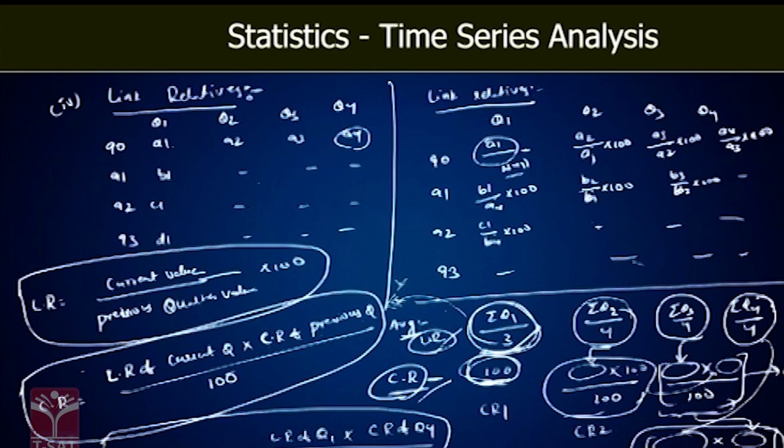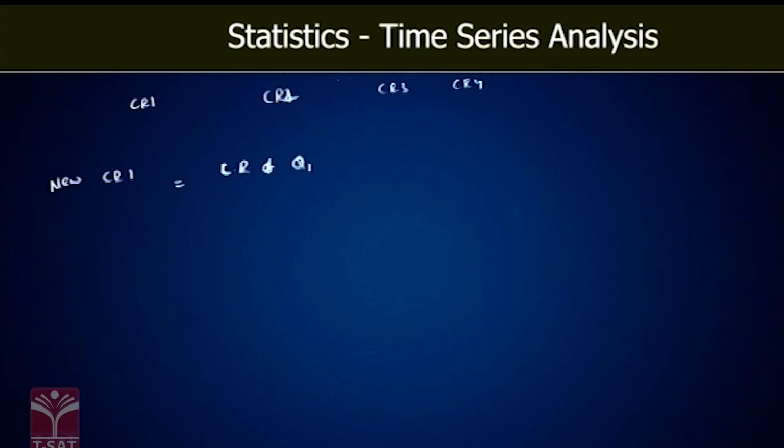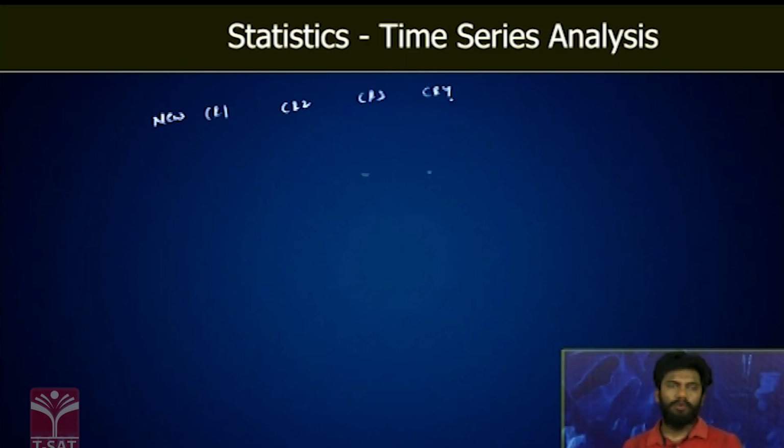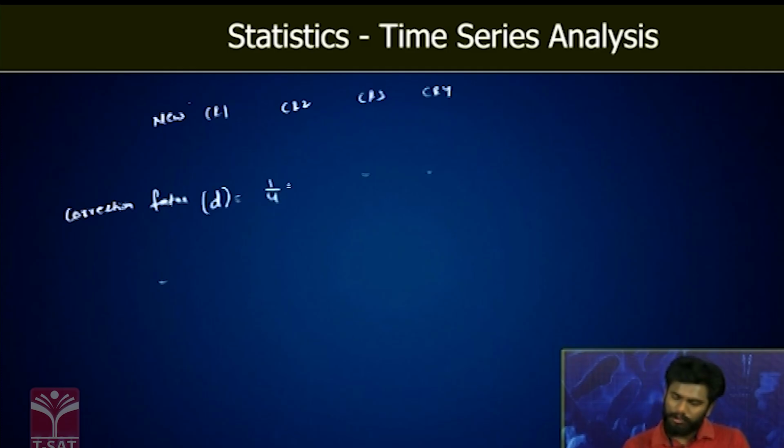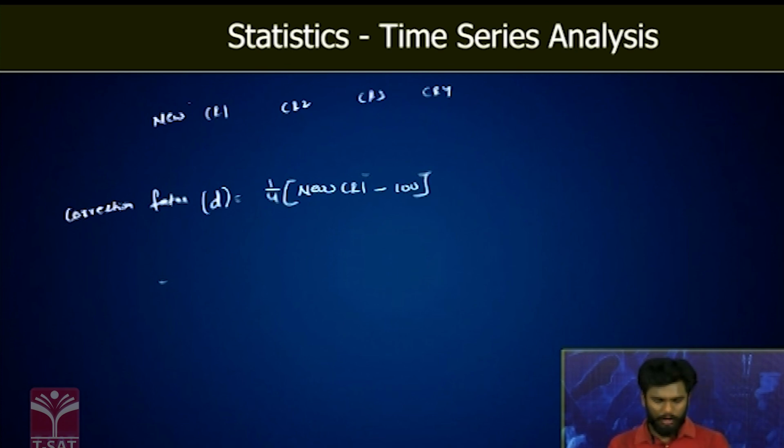Okay, now after finding the new chain relative, what do we do here? We know the new chain relative of Q1, CR2, CR3 and CR4, all the values. We have to find the correction factor D, which is equal to, the formula again we have to remember, 1/4 of the new chain relative of Q1 minus 100.